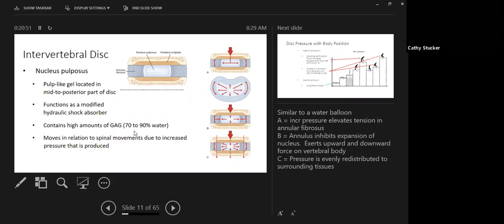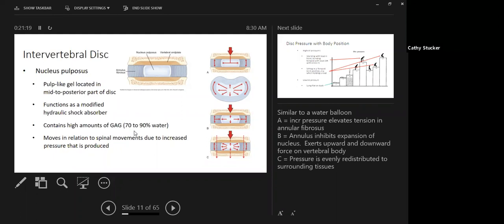So this is that compression force that I'm talking about. When you get compression from above, the disc takes that force and distributes it all the way through, so that the whole disc will take the compression from whatever direction you provide it. And that's that hydrostatic kind of pressure that it can handle.